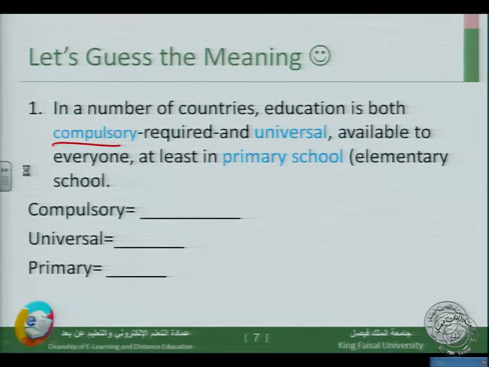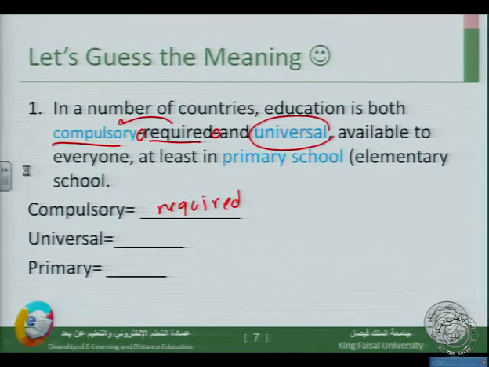I'm sure that you will say, well, we have a punctuation. It dashes. The word between these two dashes is the meaning of compulsory. So, compulsory means required. If you look at the second one, universal, I will ask you the same question. What does it mean?